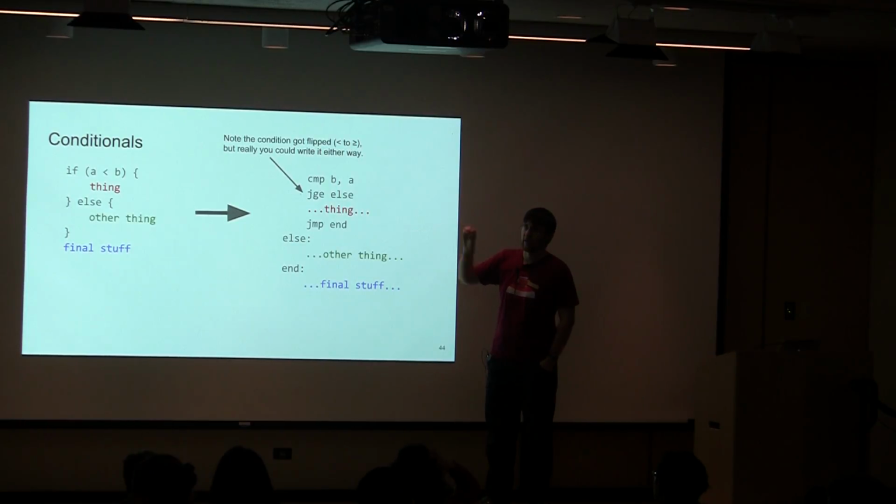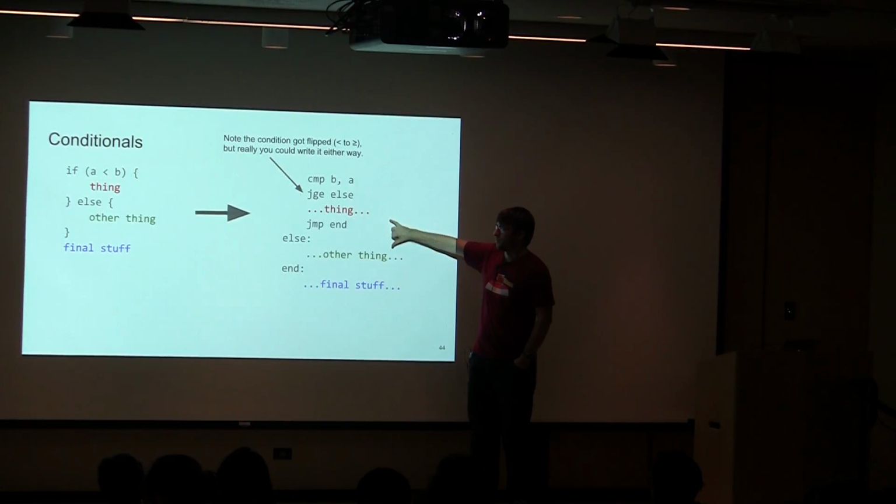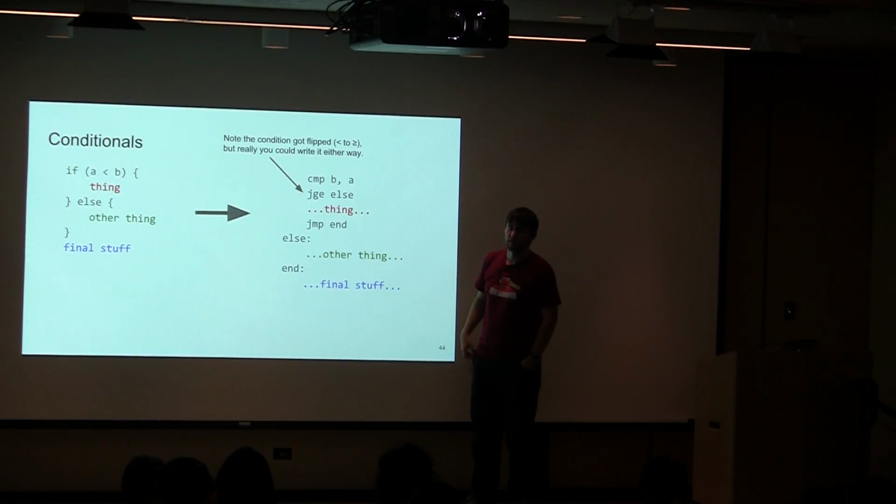Instead of comparing A less than B, it's jumping if A is greater than or equal to B, so that's the opposite. So if that condition is false, then we jump to the else case. If that condition A less than B is true, then we just keep going and we do the if case. So the jump is a little bit backwards, but the thing and the other thing are in the same order. So just a subtlety to keep in mind.